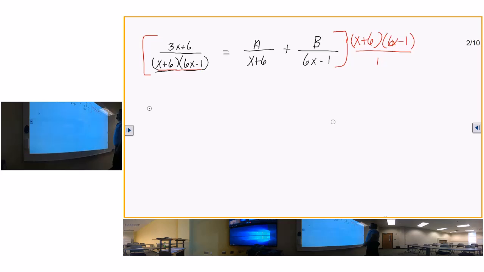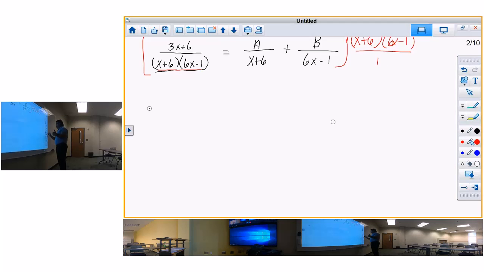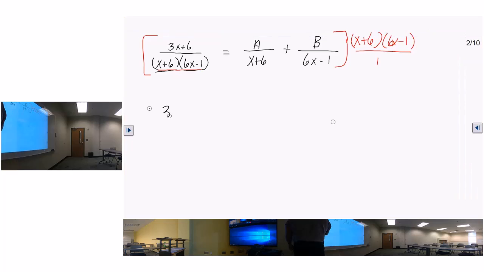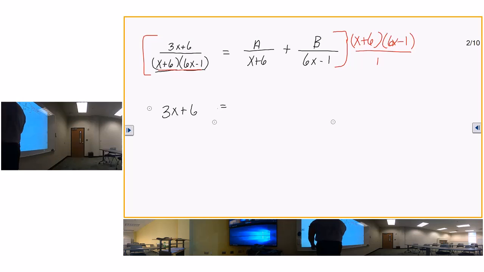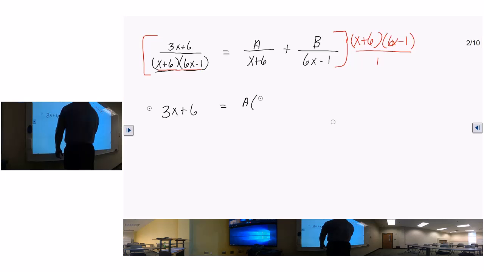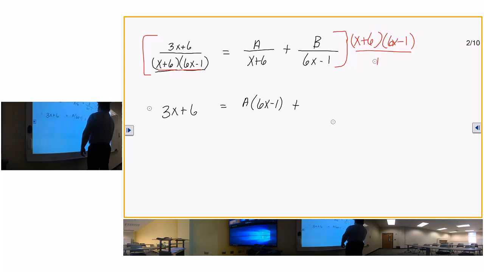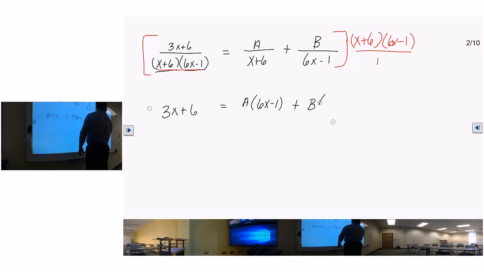And what that does, it cancels the left-hand side, and you're left with the numerator, which is what's supposed to happen. 3x plus 6 is equal to, the x plus 6 is canceled, that leaves a times 6x minus 1, plus the 6x minus 1 is canceled, and that leaves you with b times x plus 6.